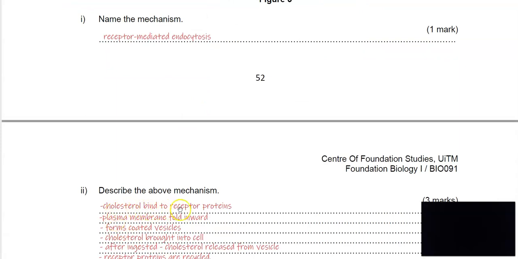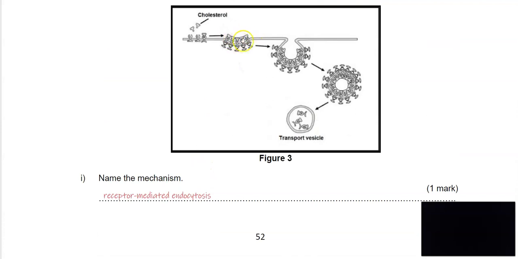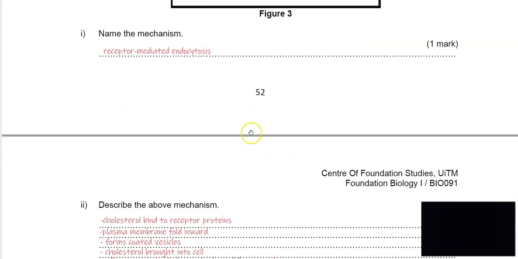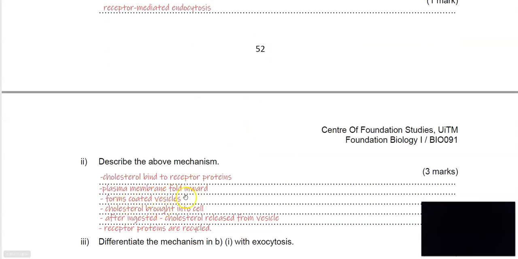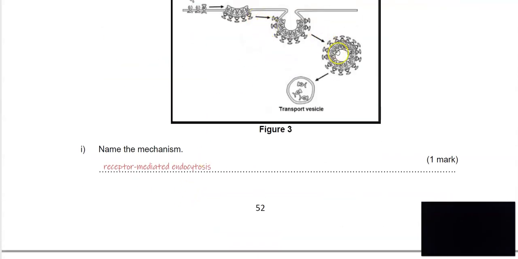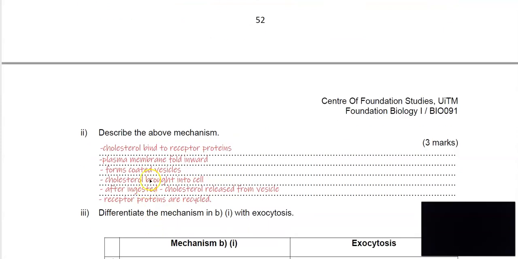The binding of cholesterol to the receptor protein will cause the plasma membrane to fold inward, forming a coated pit. From the coated pit it will form a coated vesicle. The formation of the coated vesicle containing cholesterol will cause cholesterol to enter the cell.